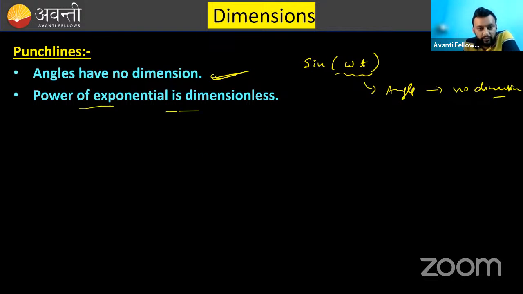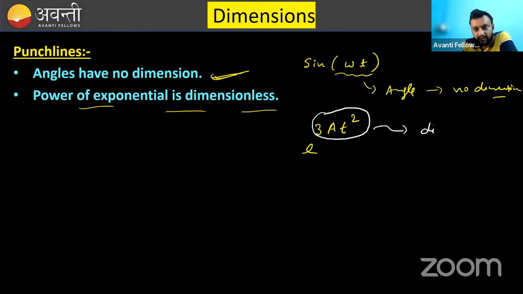Next, the power of an exponent is dimensionless. For example, it is mentioned as e raised to the power 3a t square. So what is the power of this exponent? It is 3a t square. So this whole term will have no dimension. Clear? That means this term is dimensionless.